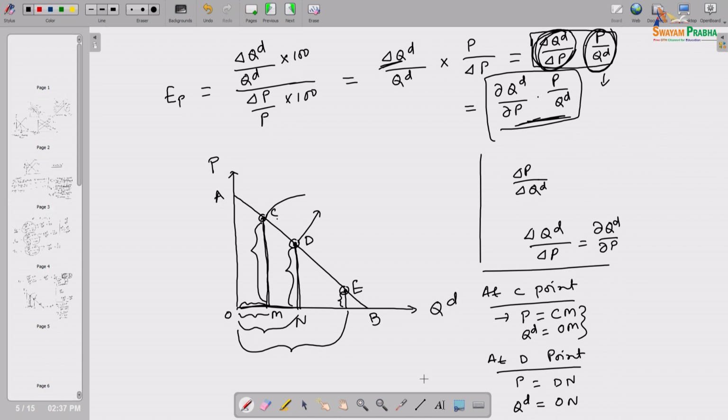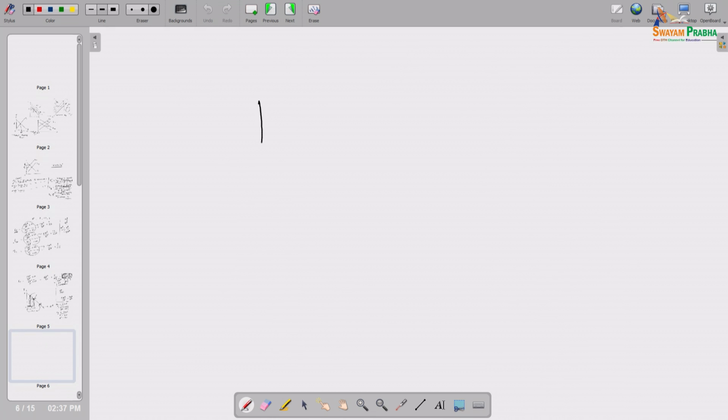Why negative? Look here, suppose you are moving from C to D point, so your quantity demanded is increasing by this. Let us go to another diagram. We are measuring Q or QD on that side, price on that side.